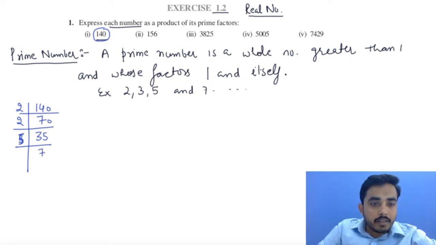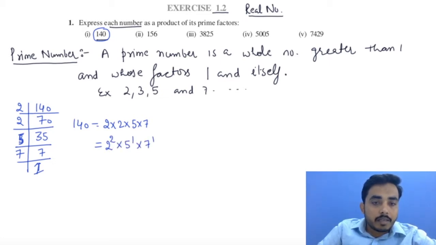So this is 7. Now the last is 7. So I can write 140 as 2 into 5 into 7. So 2 is 2 times, 5 is 1 time, 7 is 1 time. So these are the prime factors of 140.